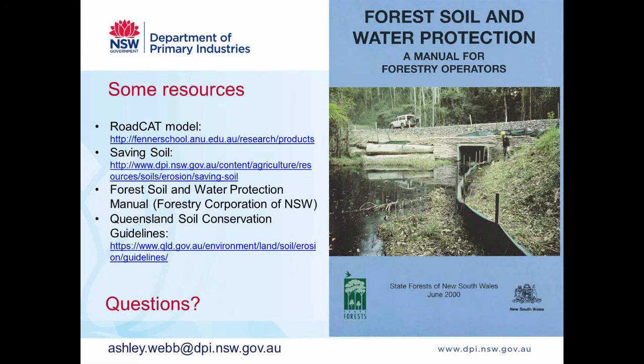One of those might be a drop-down flume, which can be installed below the drain outlet, or a rock dissipator. It's also important to have a proper head wall around the drain, and make sure the fill batters are consolidated properly. There's all sorts of things like that that can be done to reduce the potential for erosion at a drain outlet. And in some cases, even temporarily, things like hay bales can be used, jute meshing, you name it.